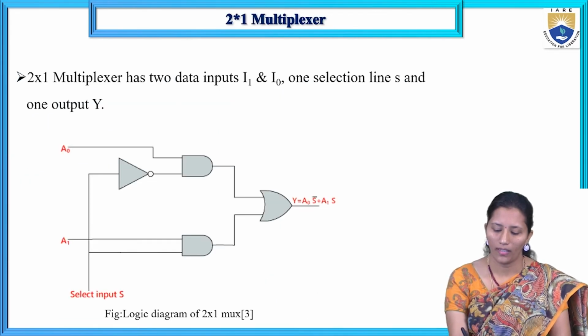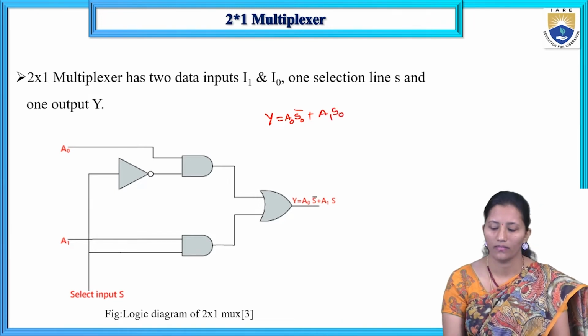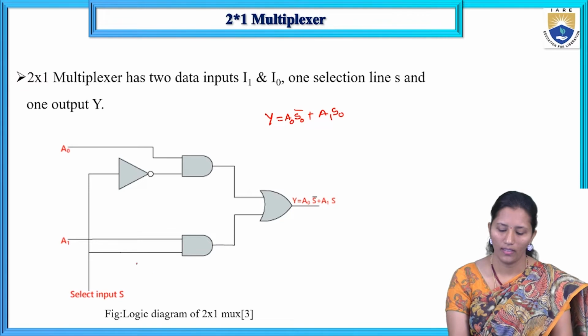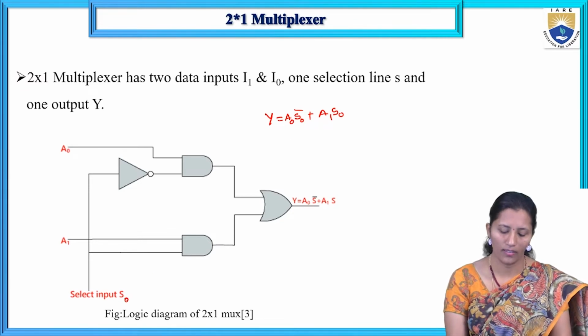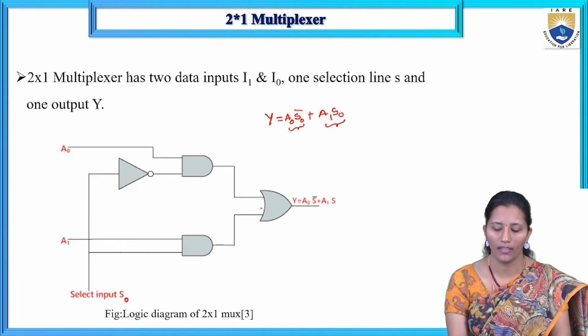So here we got the equation as Y is equal to A0 S0 bar plus A1 S0. Here this S0 we are taking as the selection line. So first A0 S0 bar is one product and A1 S0 is also one product.